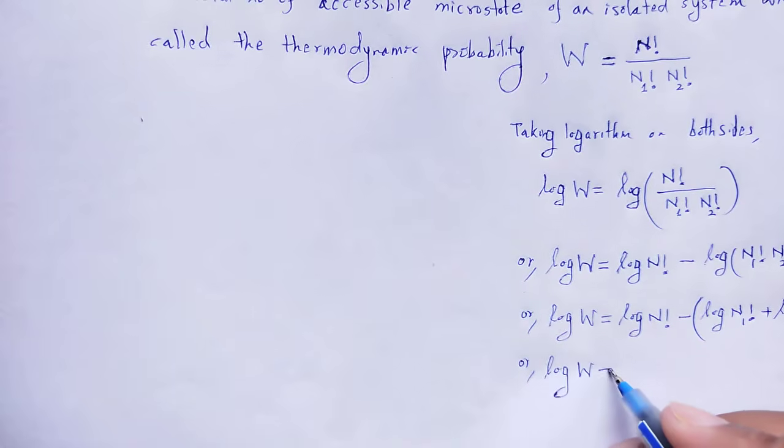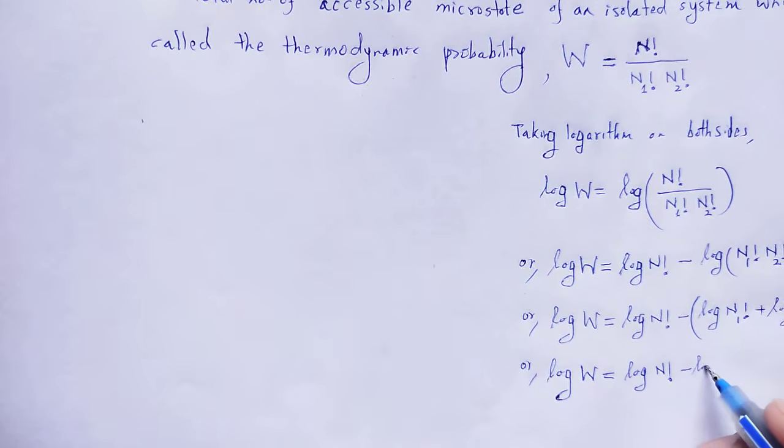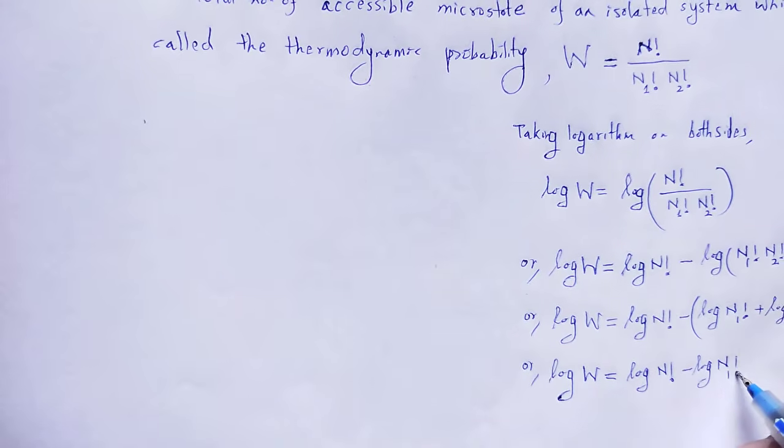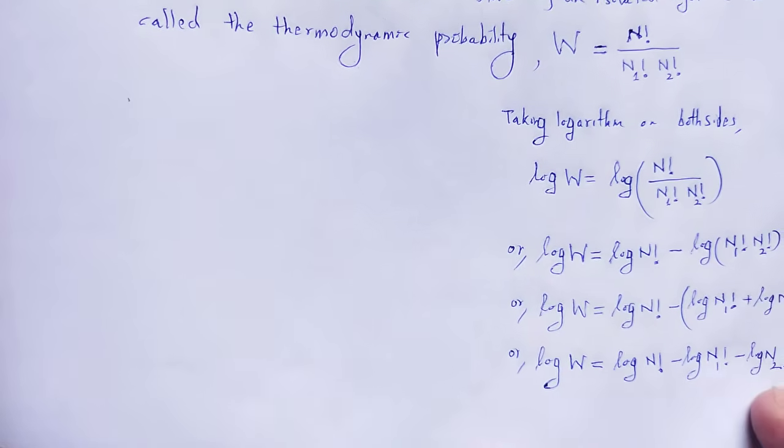So log W is equal to log N factorial minus log N1 factorial minus log N2 factorial.